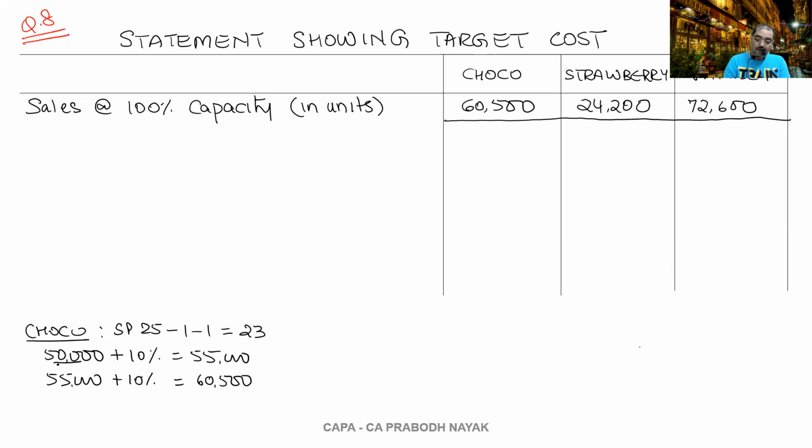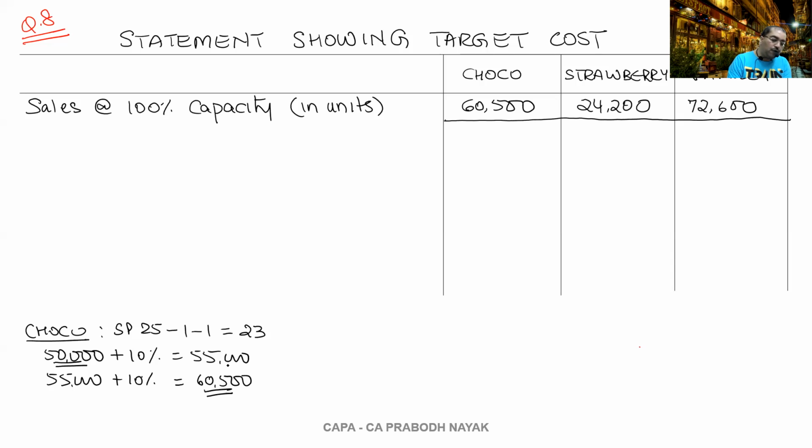To increase from 50,000 to 60,500, I have to increase it twice by 10%, so I have to reduce my selling price 2 times by 1 rupee each. So 25 minus 1 minus 1. My selling price for Choco after the reduction at 100% capacity should be 23 rupees.